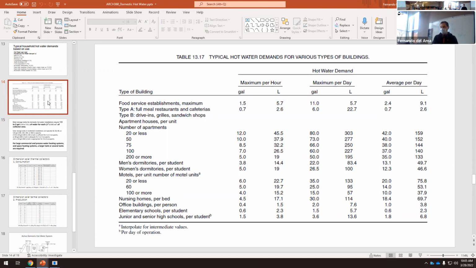So imagine that we are going to work with a residential building of 20 apartments. Okay, so let's do this.